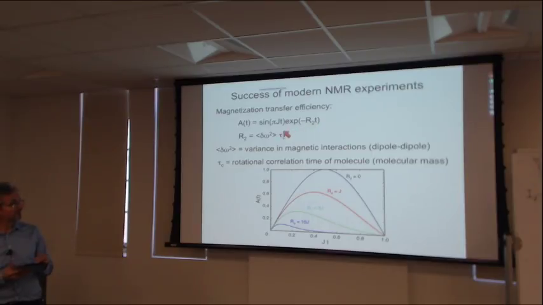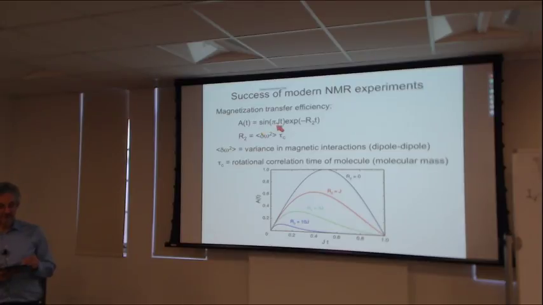And we'll eventually see that R2 depends on the rotational correlation time of the protein, how fast it tumbles in solution, times the variance of the local magnetic field fluctuations driving relaxation.